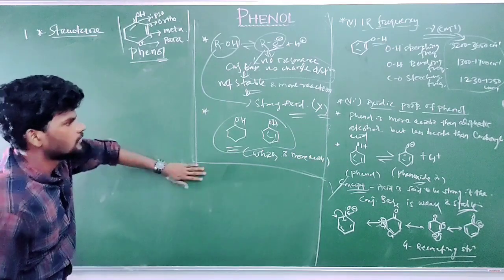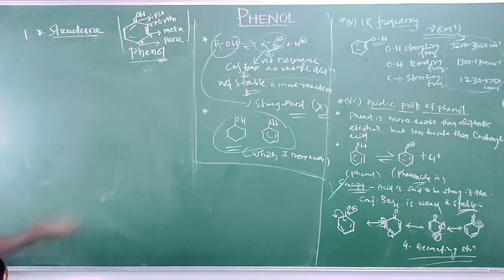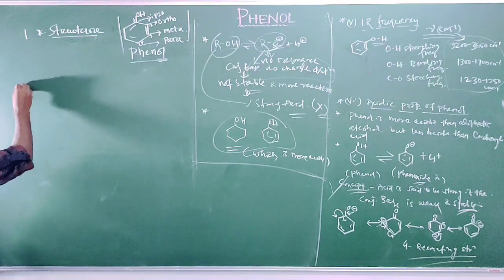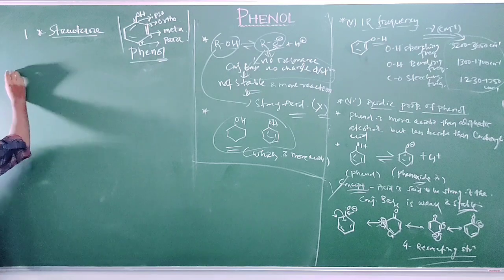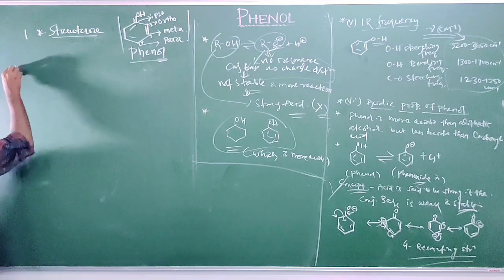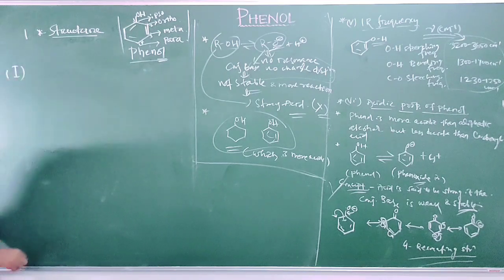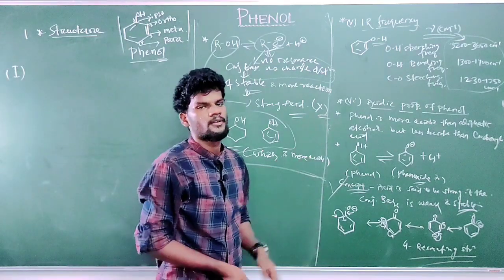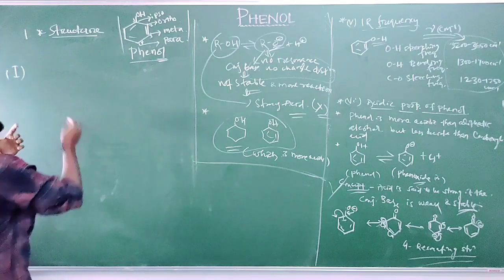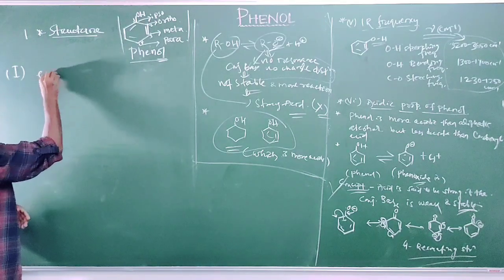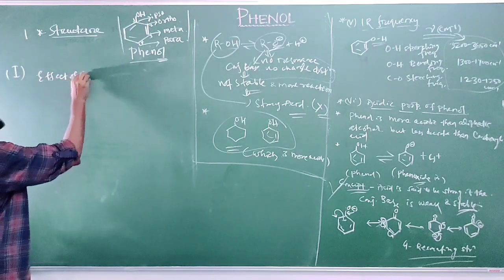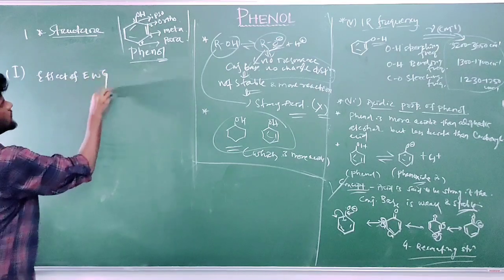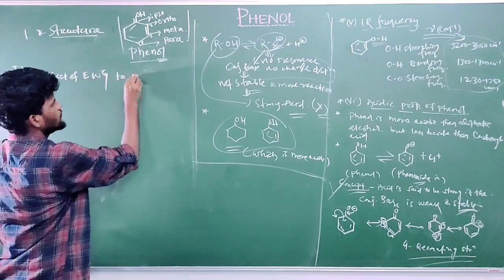So let us divide the point here into two categories. In the first category, write the effect of an electron withdrawing group attached to the phenol ring.